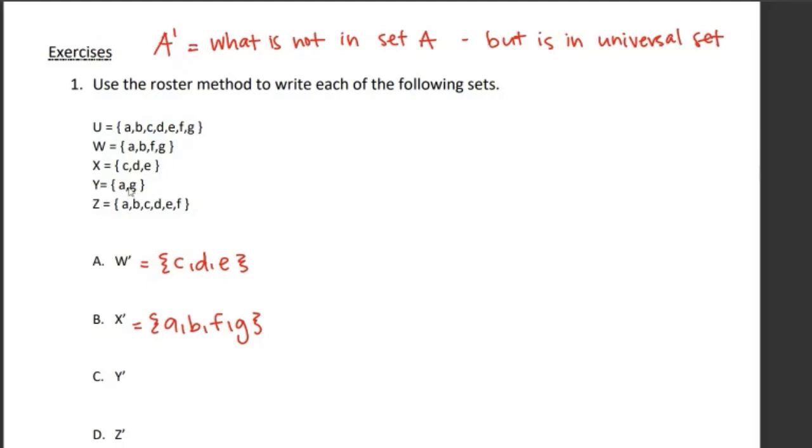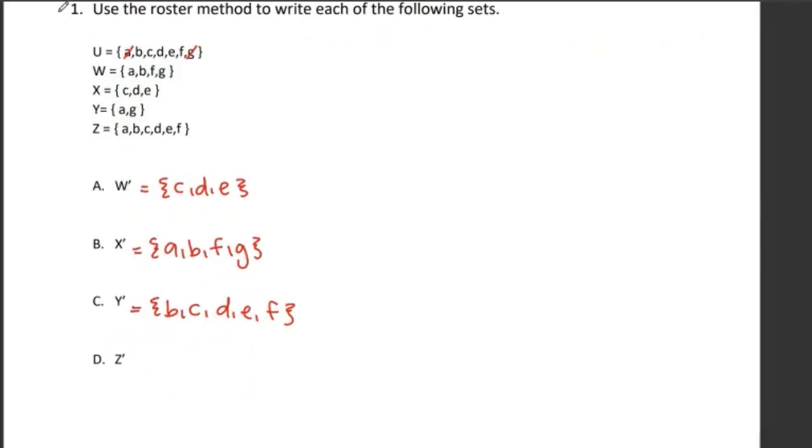I'm going to mark out A and G, and we are left with B, C, D, E, and F. And then the last one is Z. So Z has A, B, C, D, E, and F. Mark those out. We are left with G.